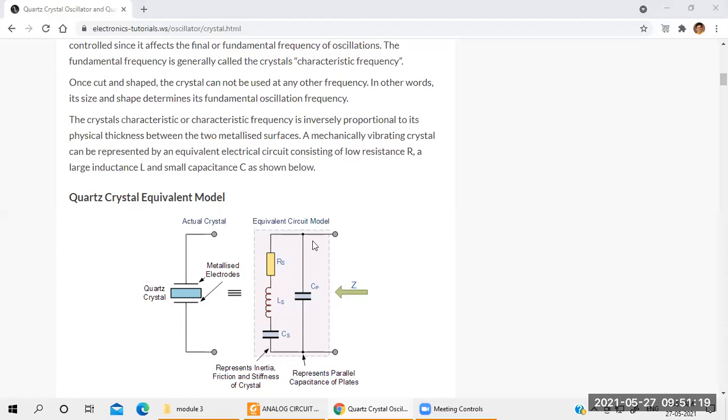Chandana? Yes, sir. Okay. On the left side, you take the crystal here. This crystal is connected within the capacitor. This was the 2-plate parallel capacitor.